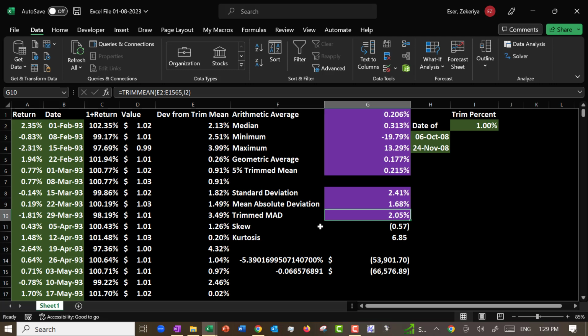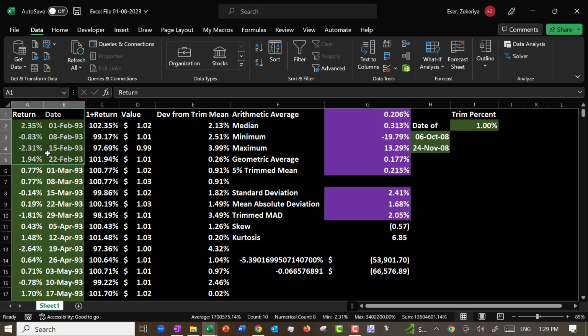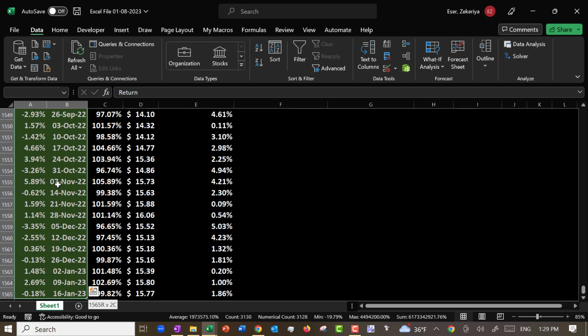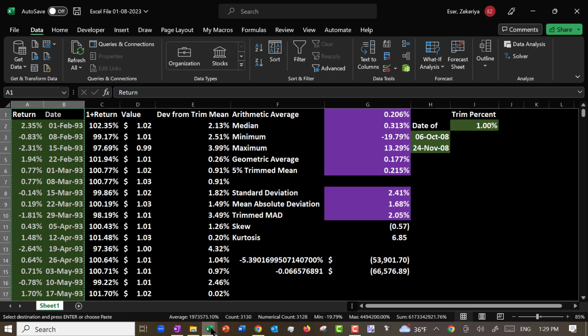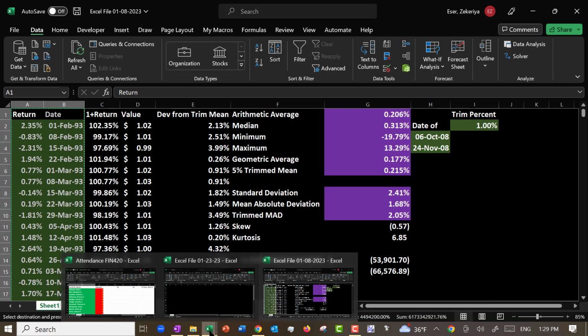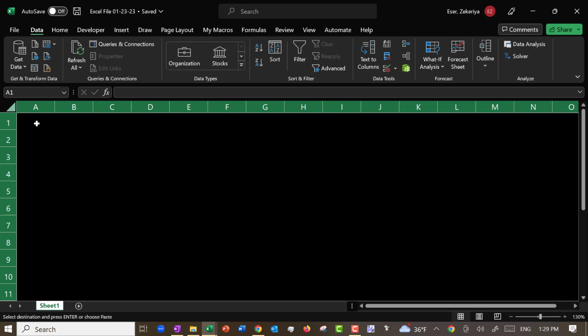Let me actually take all these. I'm just copying the returns to a new sheet.